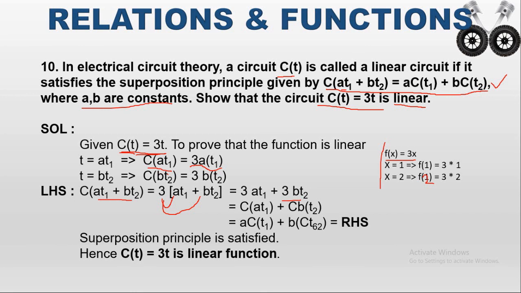So it will become a into C of t1 plus b into C of t2, which is equal to RHS. So LHS equal to RHS. The principle is satisfied. So we can easily say that the given function is a linear function with variable t. That is C of t equal to 3t. That is proved.